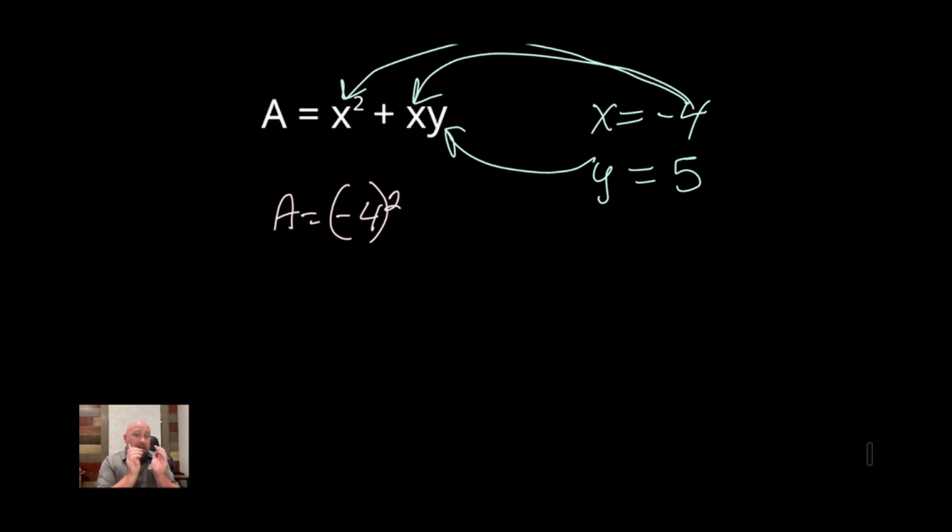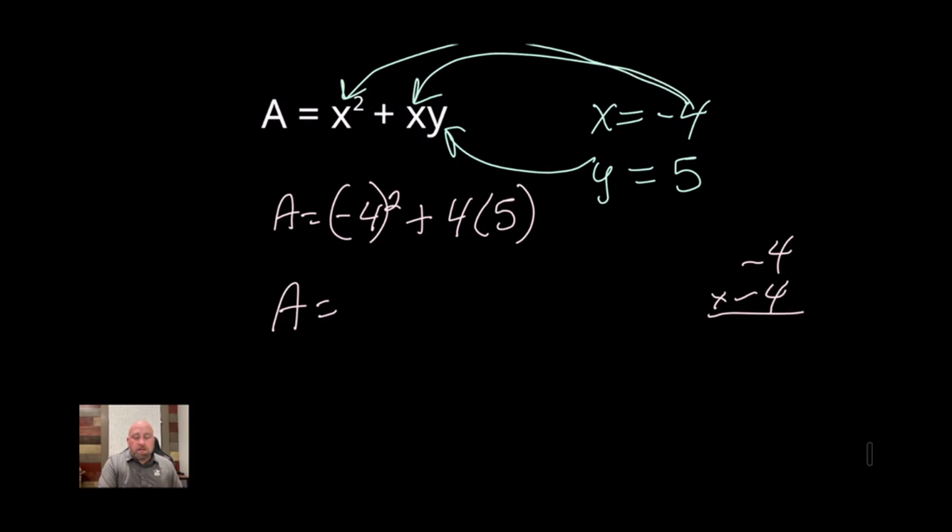The negative sign is with the 4, so we have to square the -4. And then we get plus 4 times 5. So A equals, what is -4 times -4? Negative times negative is positive, so it's going to be a positive 16.